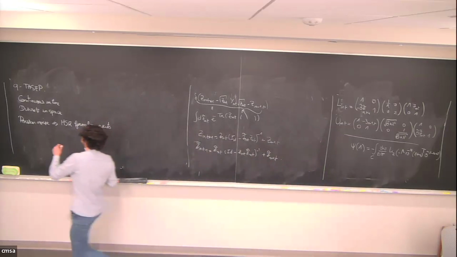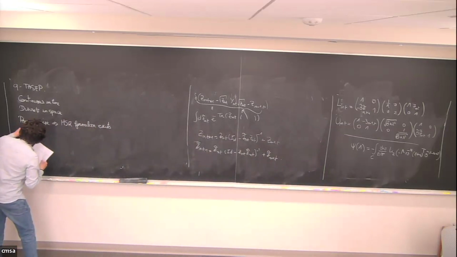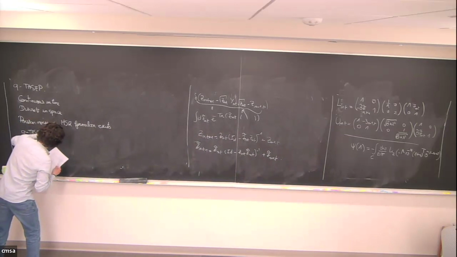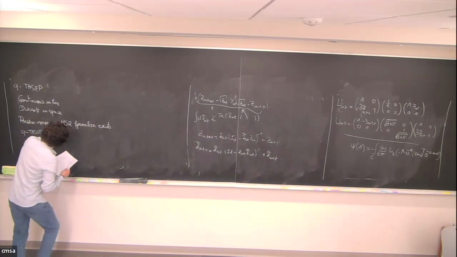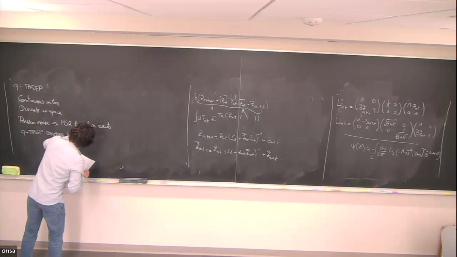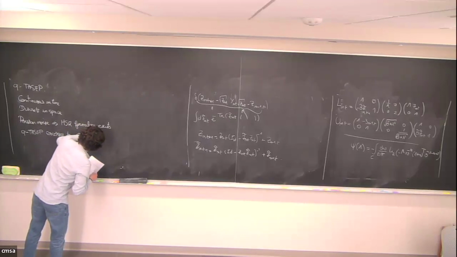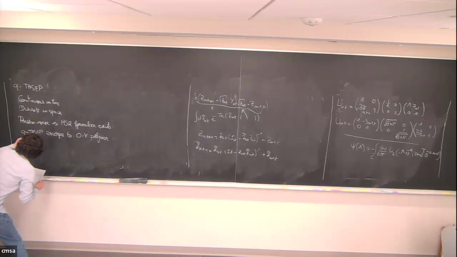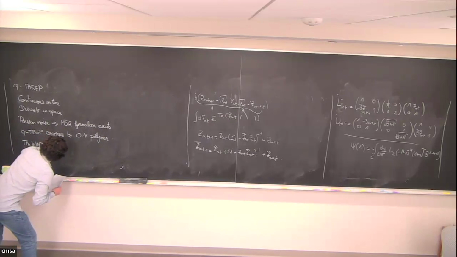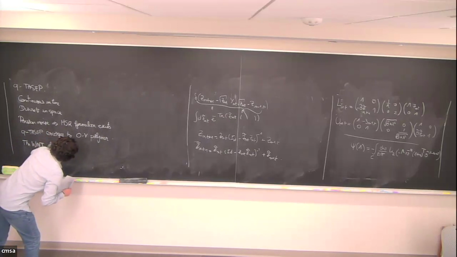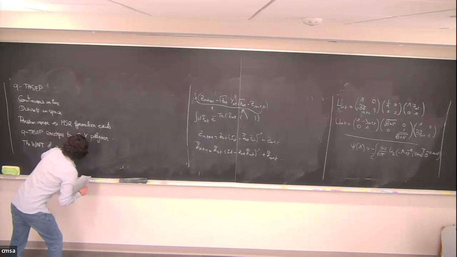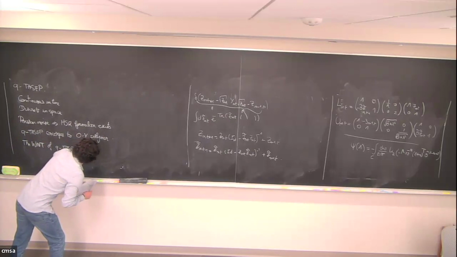So we know that q-TASEP converges to the O'Connell-Yor polymer. And what I want you to remember is that the weak noise theory of the q-TASEP converges with the exact same rules, exact same scaling.